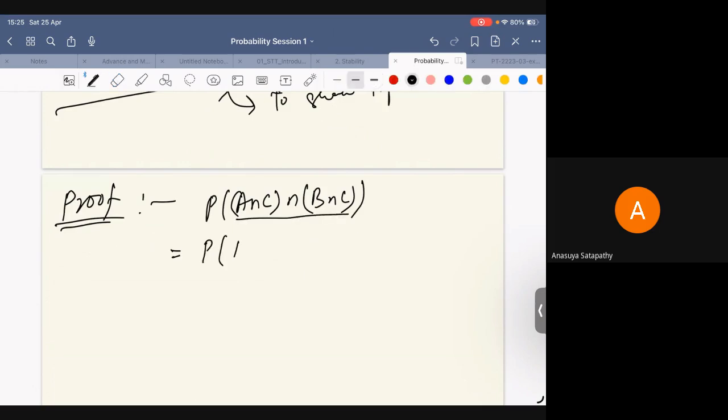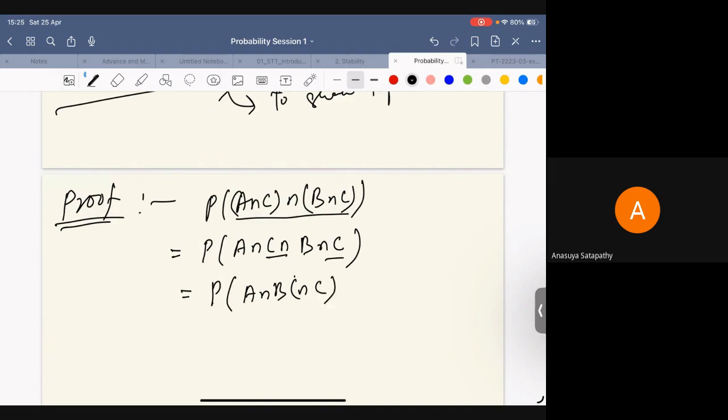Open everything: A intersection C intersection B intersection C. It can be written as probability of C intersection C, which is C, so it will be probability of A intersection B intersection C.